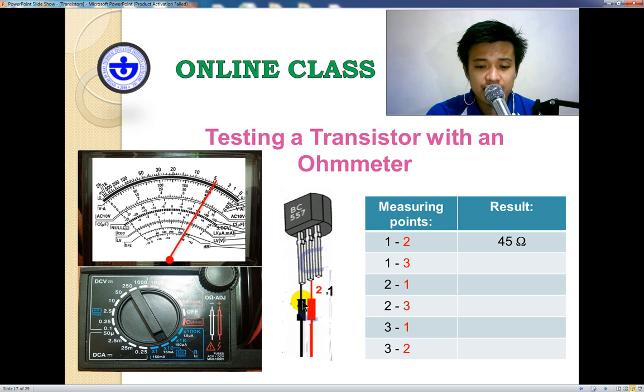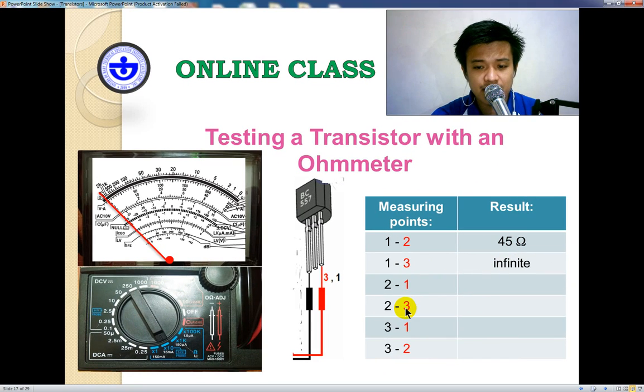So if I place my test probes this way, with the black test probe on pin 1 and the red test probe on pin 2, and I get a reading of 4.5, multiplied by 10, it becomes 45 ohms. So I need to record the data here. This is the result of this testing: 45 ohms.